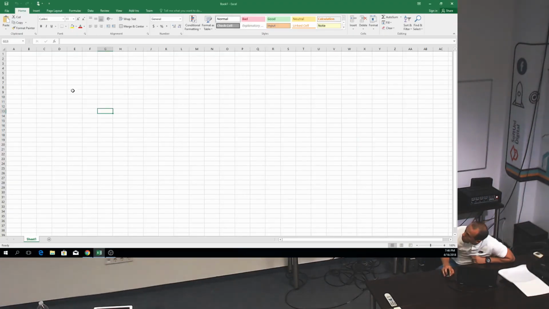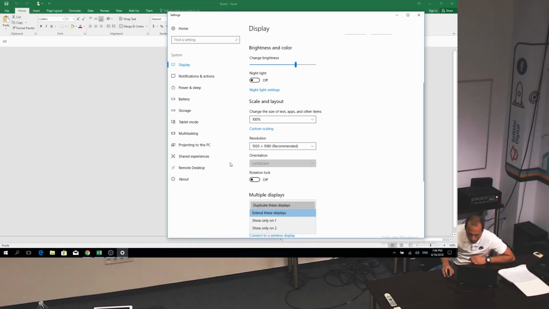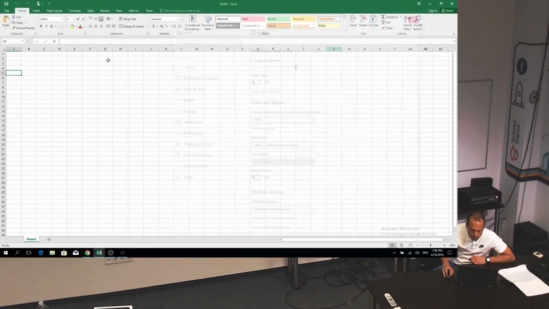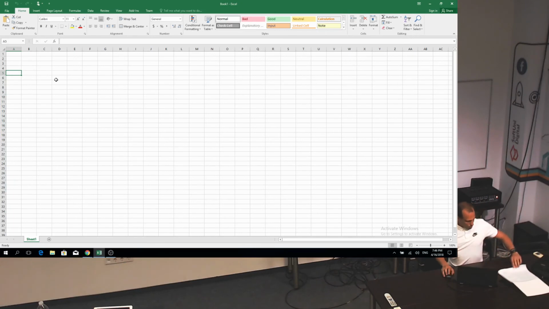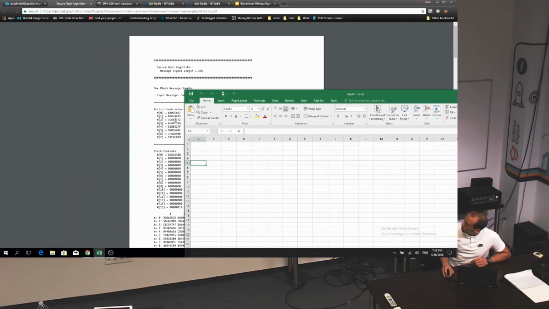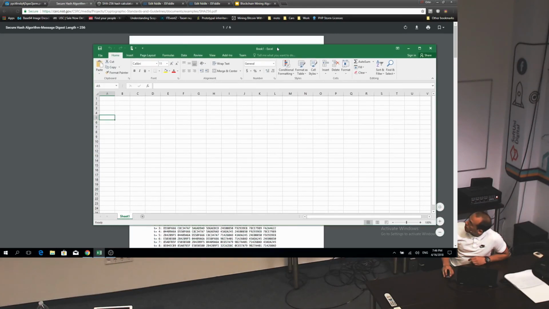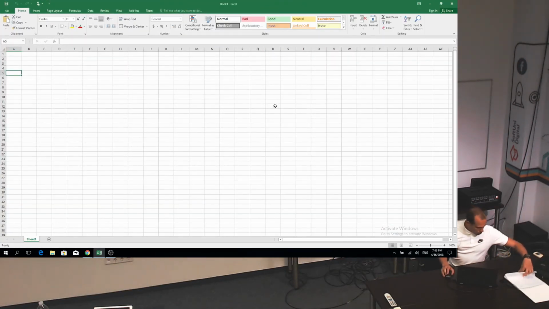Now I'm going to put, just a second. I'd like to make it like this. I have it written over here, but I'm going to explain it. I'm going to input these constants over here. We always have 8 blocks of input.